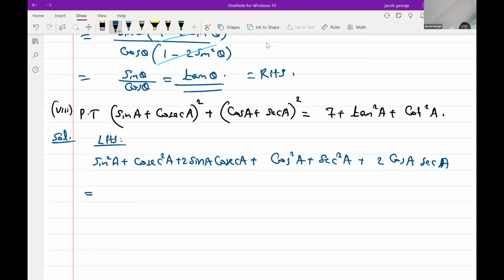Now, we can write these two terms together: sin square A plus cos square A. What is sin square A plus cos square A, children? Sin square A plus cos square A is 1, right? So I will write these two terms together.